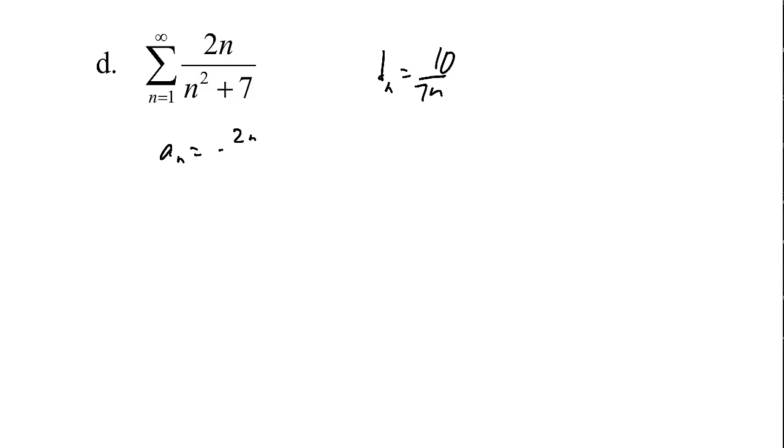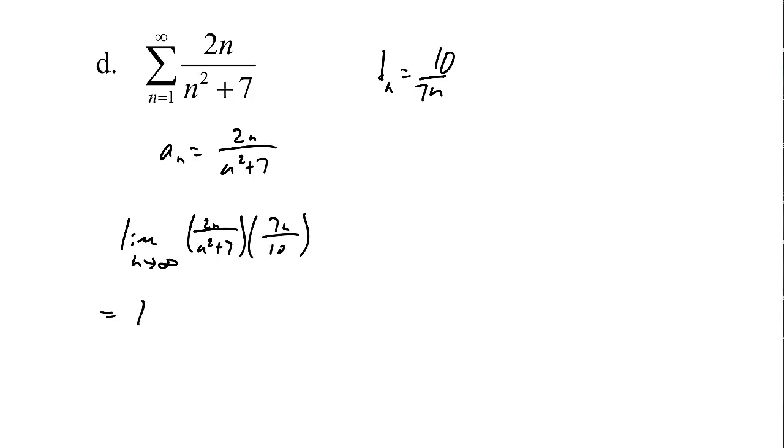So a sub n, again, I need to define. All right, so let's do my limit of a sub n over b sub n, so 2n over n squared plus 7. And this would be 7n over 10, which would give me the limit as n approaches infinity of 14n squared over 10n squared plus 70, which is still going to go to a finite and positive number of 7/5.